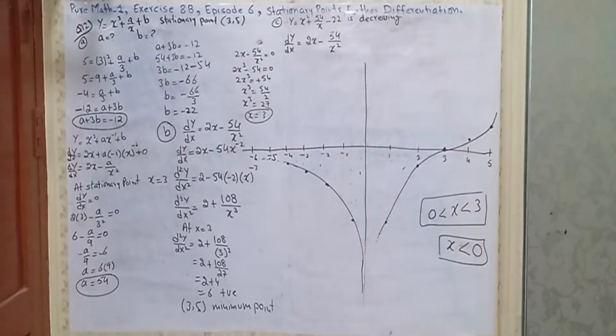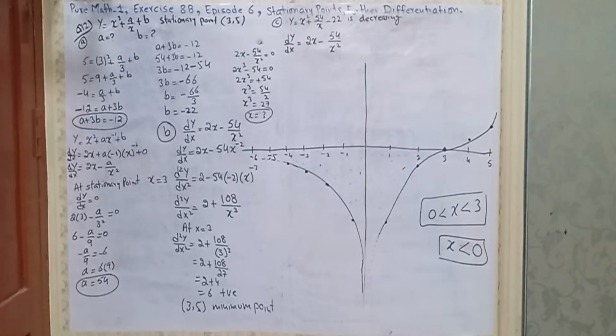You see, we have to draw a graph, and then from the graph I decide. I draw the graph of dy by dx, and from there I decide for which values of x the dy by dx value is negative. Wherever dy by dx is negative, this function is decreasing.